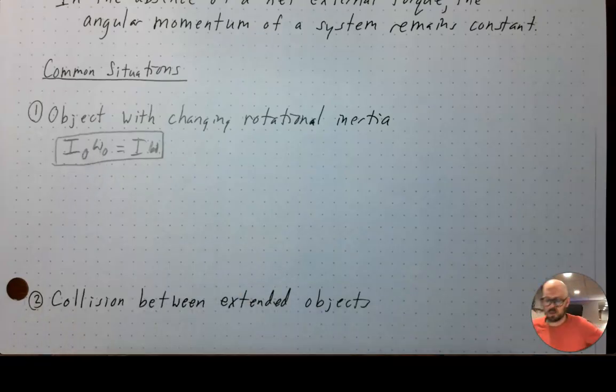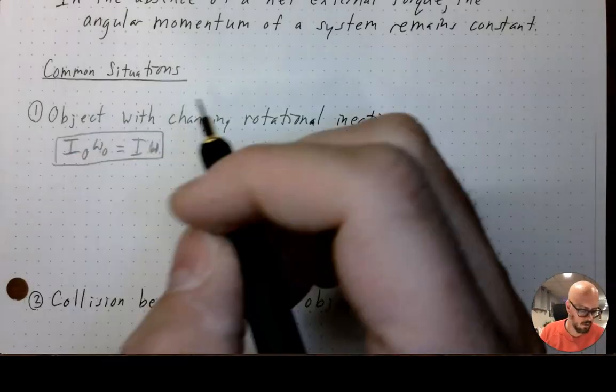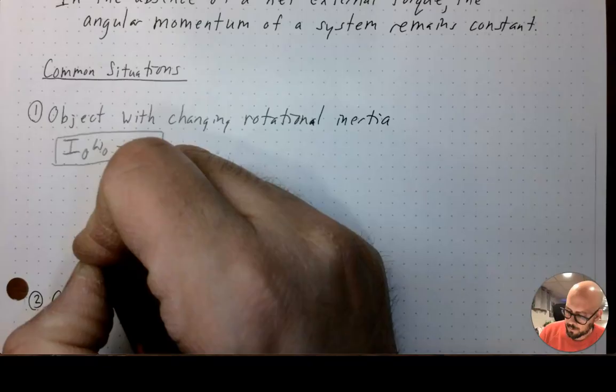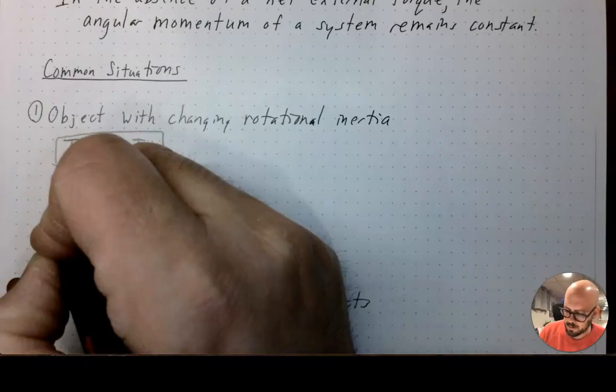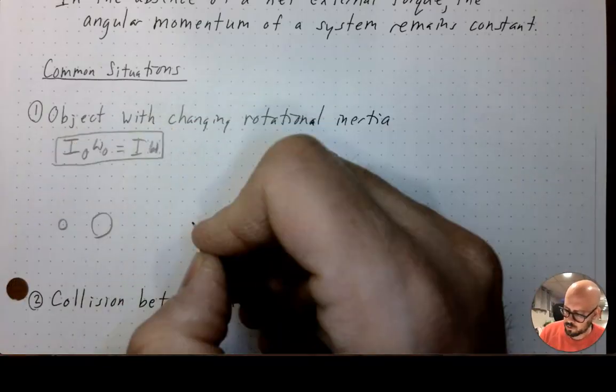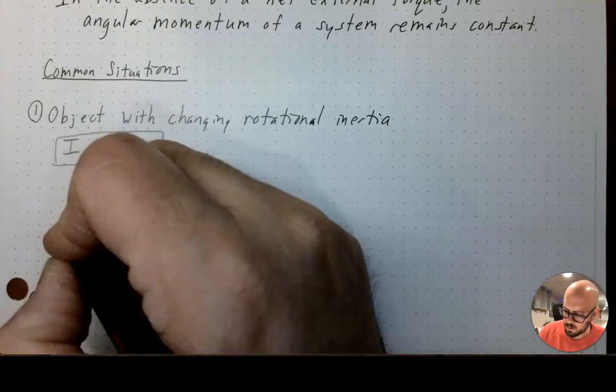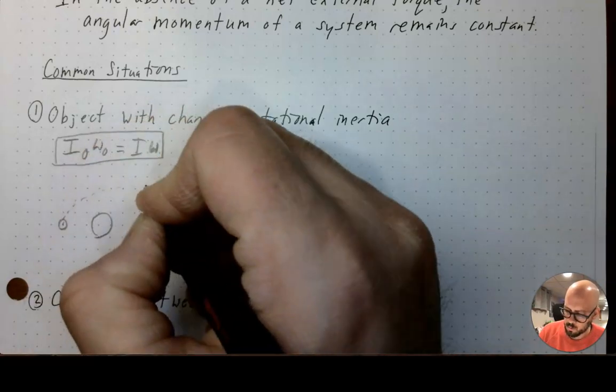If an object is able to increase its rotational inertia, its angular velocity will decrease, and vice versa. The only time the math becomes more difficult is in situations where you might have to calculate the rotational inertia or derive it somehow.